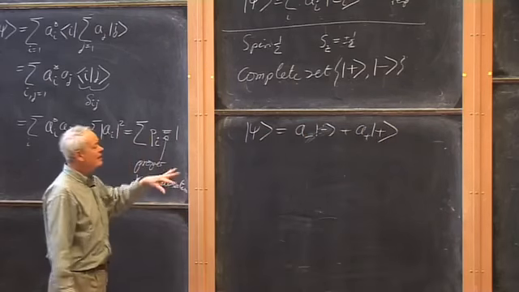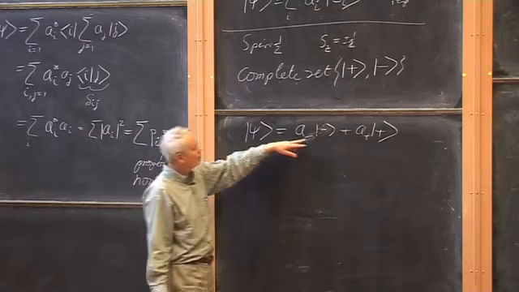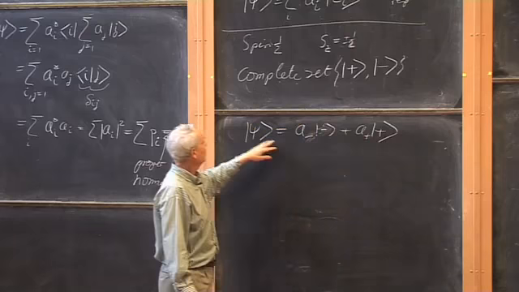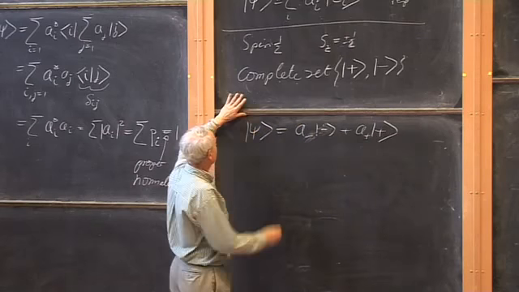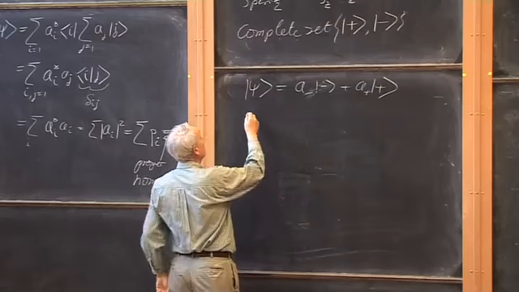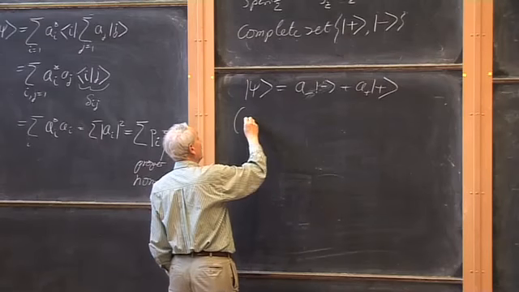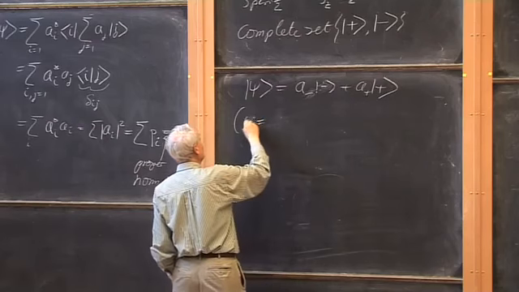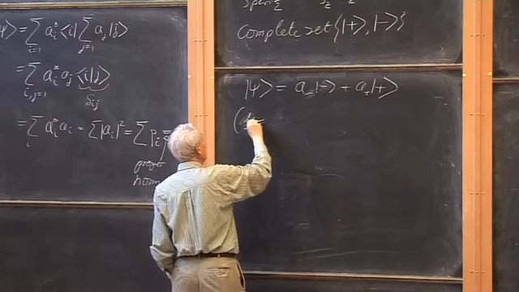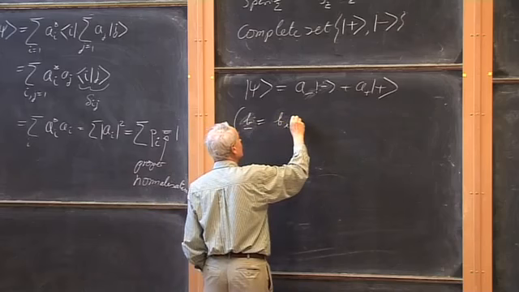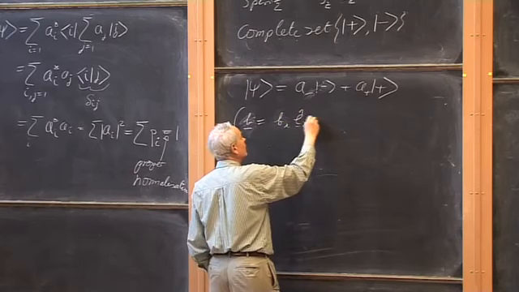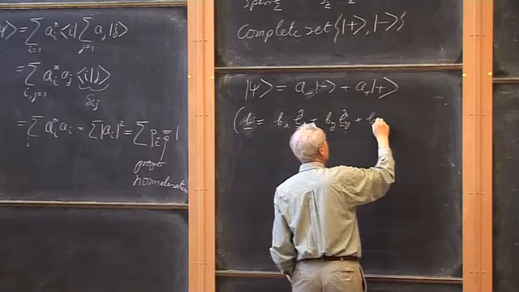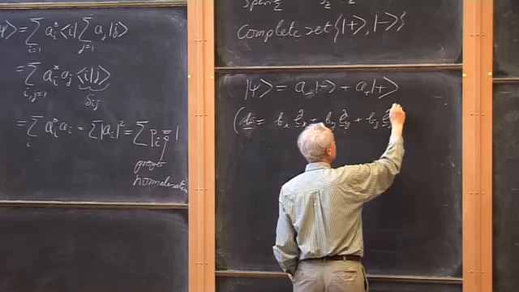So since this is a nice easy case, there are only two components to our ket, A minus and A plus, and in just the same way that I might in ordinary vectors write that the vector B is equal to Bx Ex plus By Ey plus Bz Ez.